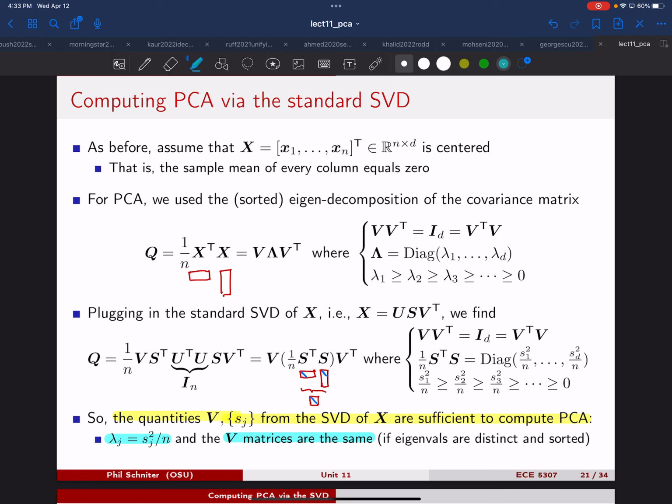Okay, now, what did we say about the standard SVD that suggests that it's not as efficient as it could be? It's doing what? Think of what we're going to do with PCA as the next step, now that we know our V matrix. What are we going to do with it?